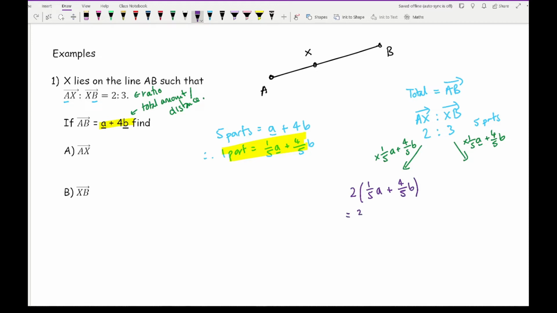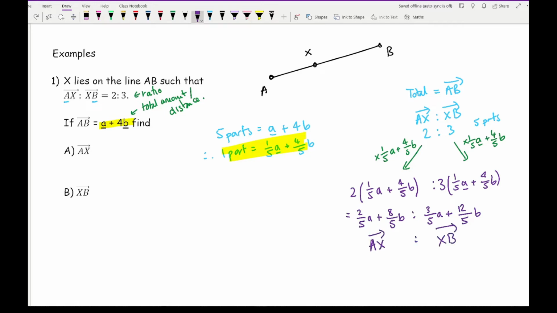So that therefore is going to be 2/5 of A plus 8/5 of B. And if I multiply all of that by 3, when I say all of that, I mean 1/5 of A plus 4/5 of B, then that's going to be 3/5 of A plus 12/5 of B. Now I'm not going to mess around with mixed numbers. That there is my ratio. So here that is A to X and this is X to B.